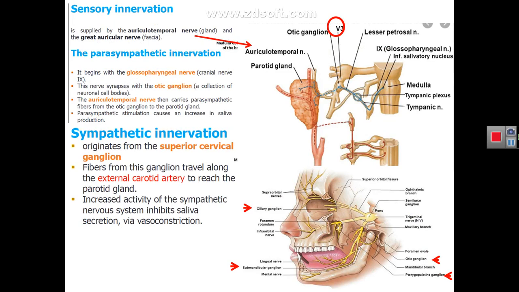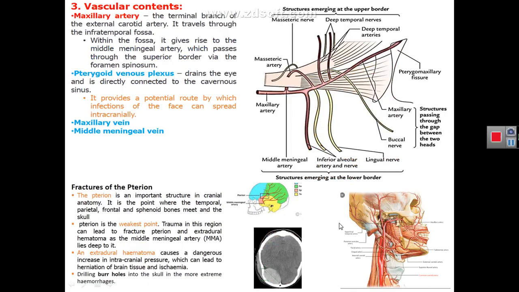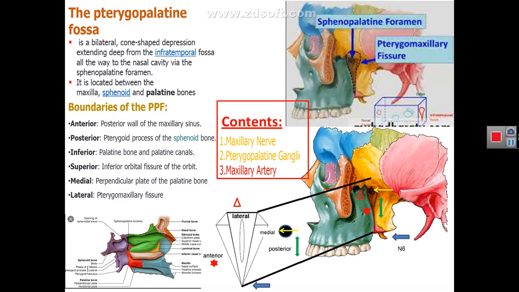We had described four parasympathetic peripheral ganglia in the head and neck, and this is the pterygopalatine ganglion, which is one of them that lies in the pterygopalatine fossa close to the maxillary nerve. So the contents of the fossa are the maxillary nerve with its associated pterygopalatine ganglion and the maxillary artery.